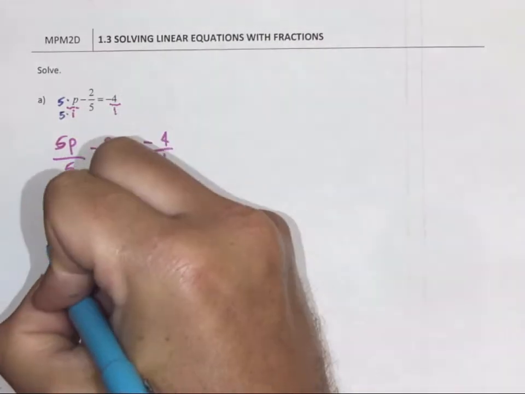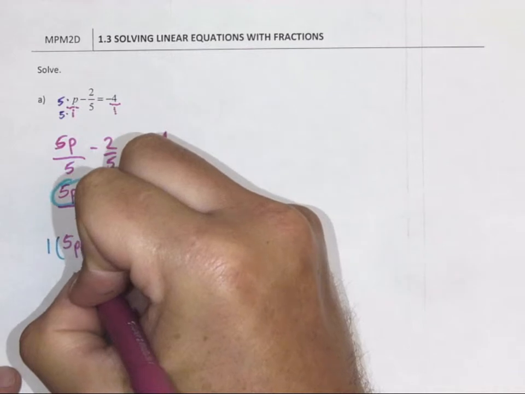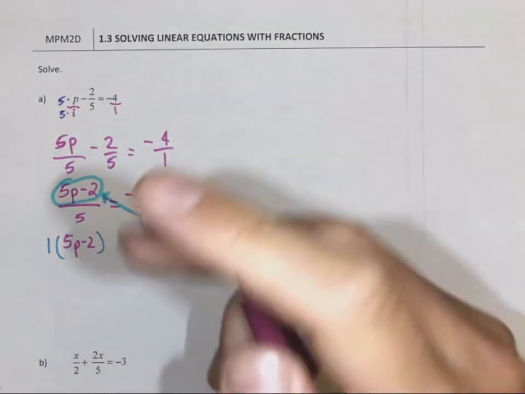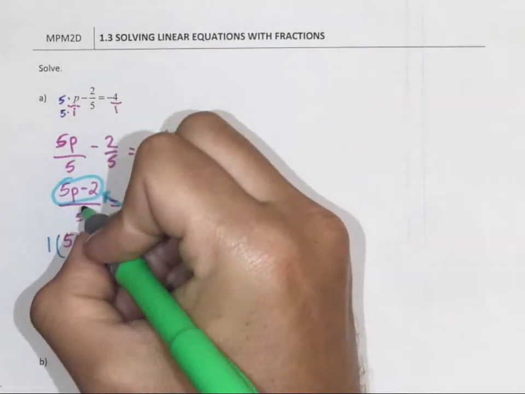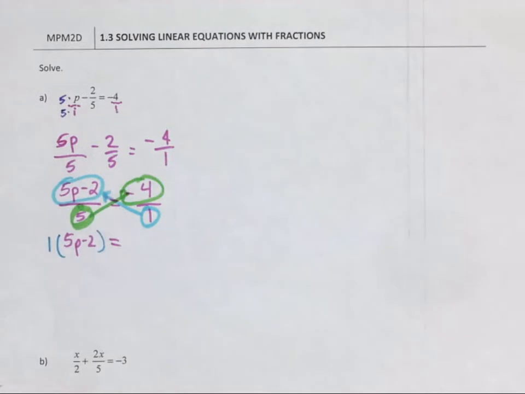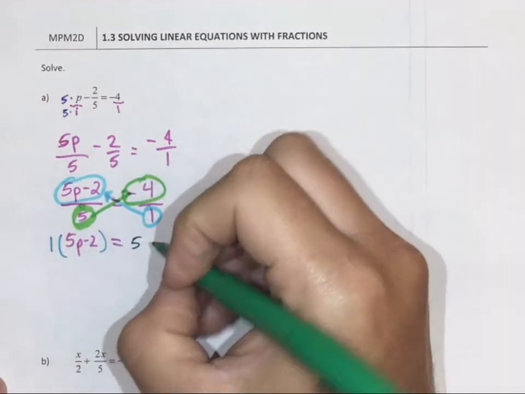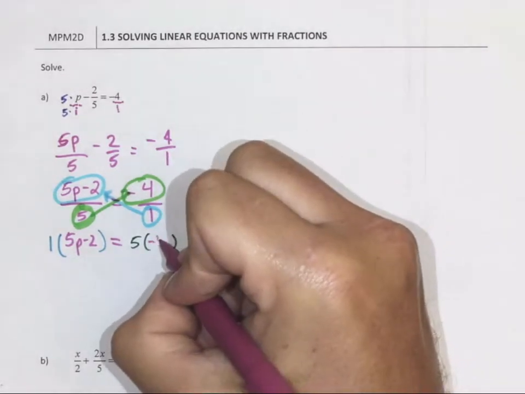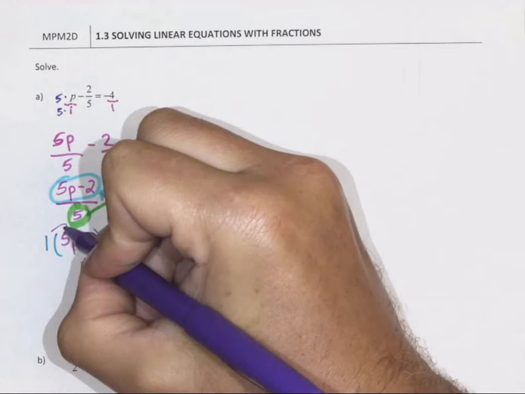So that's 1 times all of 5p minus 2. Then we're going to take the bottom of the left and multiply it by the entire top of the right. So 5 times all of -4.